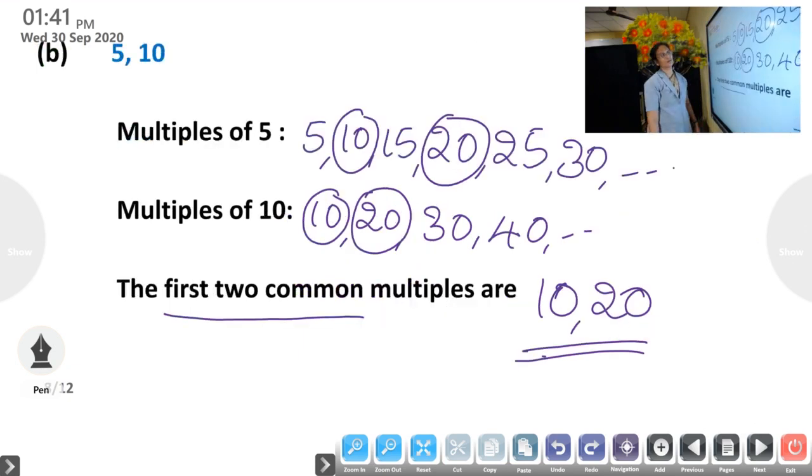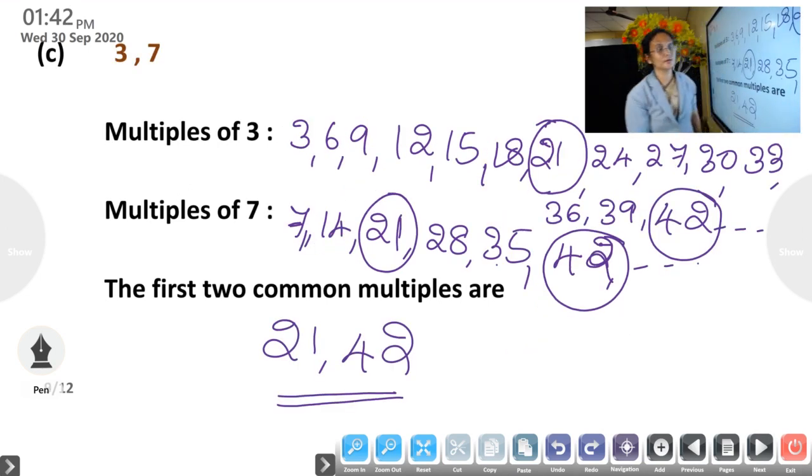Now this one, multiples of 5: 5, 10, 15, 20, 25, 30. Then multiples of 10: 10, 20, 30, 40, etc. So, which are the first two common multiples? It is very clear. 10 and 20, and see 20 is the double of 10.